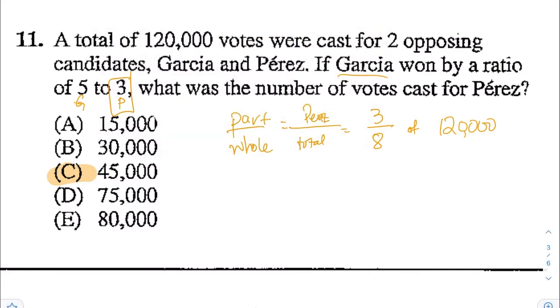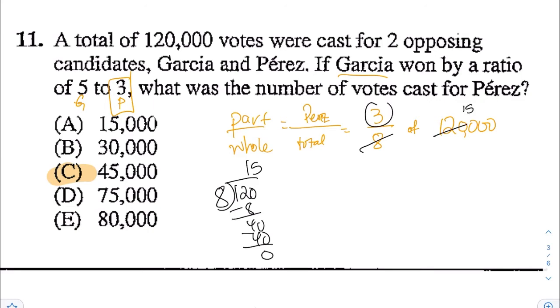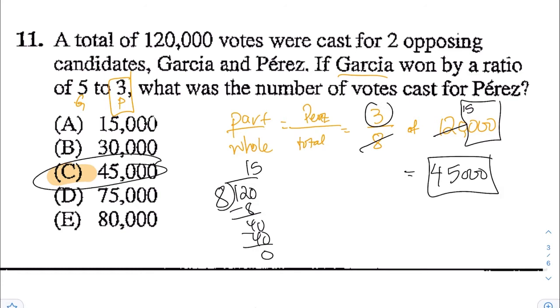And here you can do 120 divided by 8, which will give you 15. So you'll have to do 3 times 15,000 or 45,000, which is choice C.